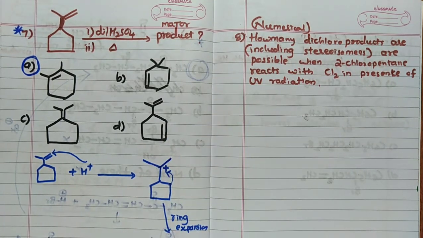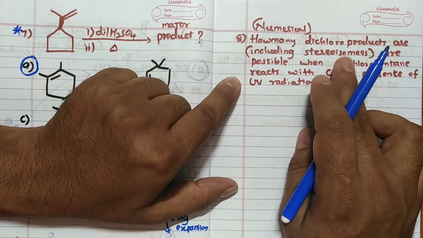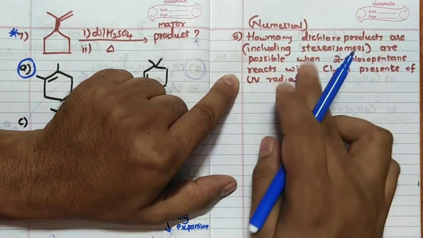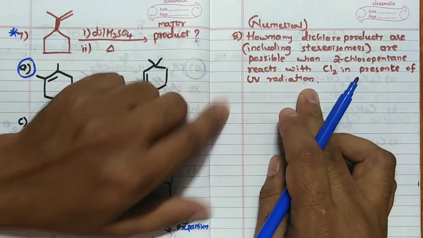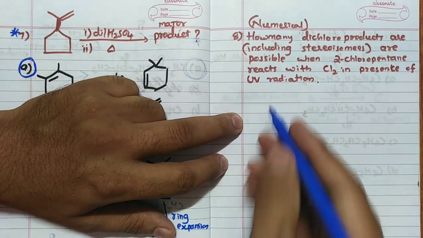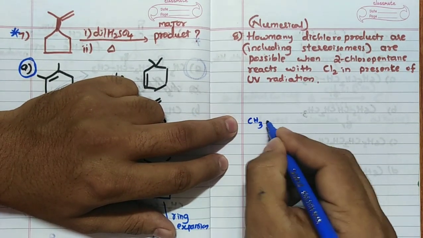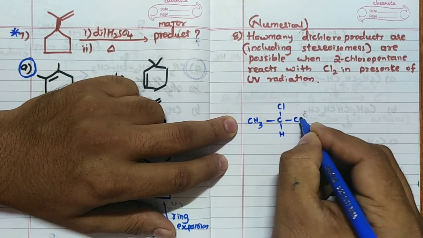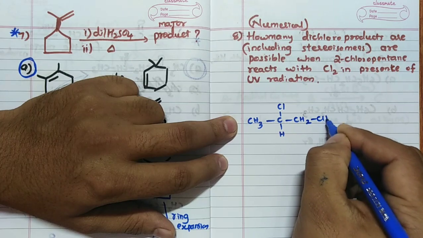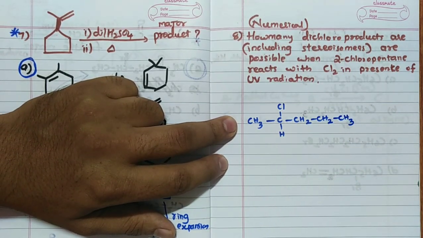Remember that. Then, how many dichloro products, including stereoisomers, are possible when 2-chloropentane reacts with Cl2 in presence of UV radiation? 2-chloropentane structure we'll write first. 2-chloropentane means remember CH3, CHCl, CH2, CH2, CH3.